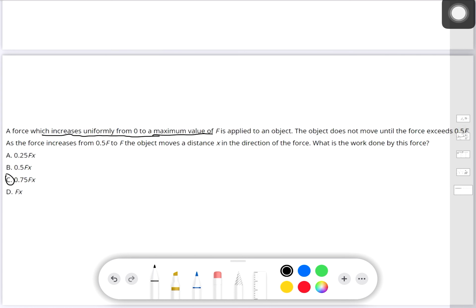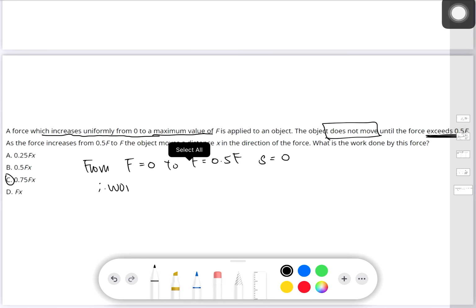When it increases from 0 to a maximum value of F, the object does not move until the force exceeds 0.5, which means that from F equals 0 to F equals 0.5, the displacement is still 0. It's static friction. There is no movement. Therefore, work done in that period of time is 0. From F equals 0.5 to F equals F, the displacement is x.